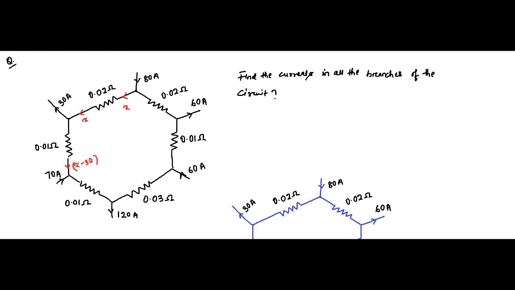Again, pay attention to this node. So first of all, let us name these nodes, it will be helpful. Let's call them A, B, C, D, E, F. And here at node E, 70 ampere is entering, X minus 30 is also entering.